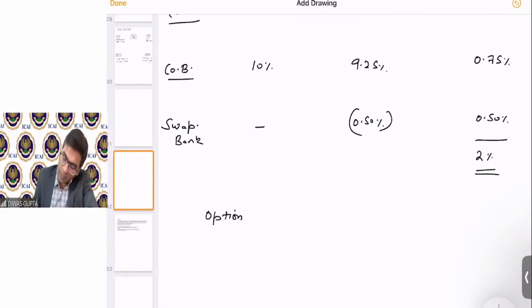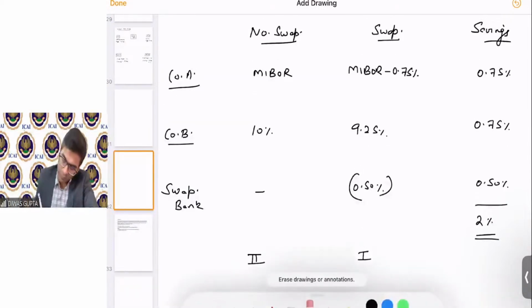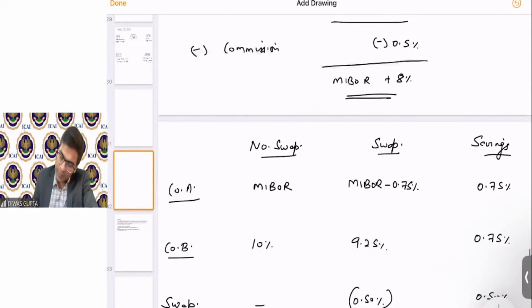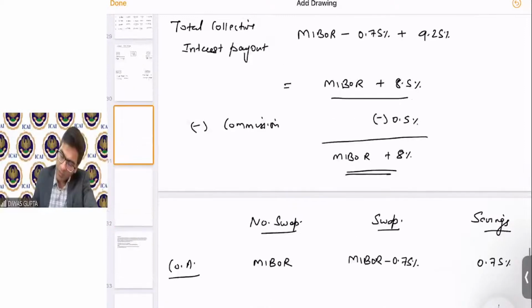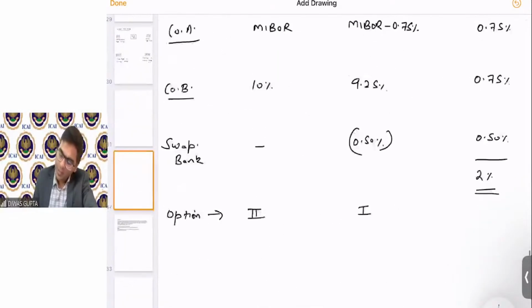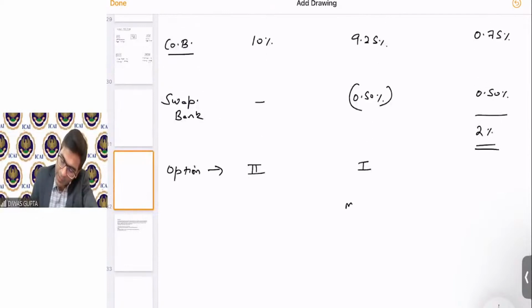If you see, this was option 2, right? And this was option 1 in the options that we had created earlier, right? So option 2 was this, and option 1 was this, correct? So the swap was basis option 1, wherein the rate was M plus 8%. Here the rate was M plus 10%.